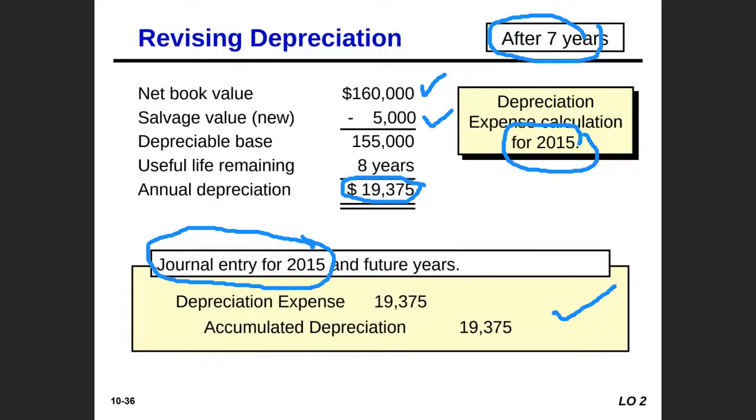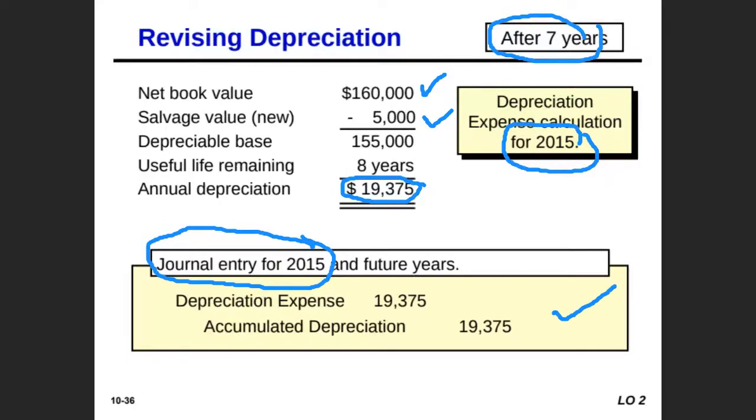So you have to do the calculation and then make a journal entry. Remember, we are doing accounting. Before the accounting, you have to do some calculation. This is what we have done here: based on the given information, we revised the depreciation. Is it clear now?